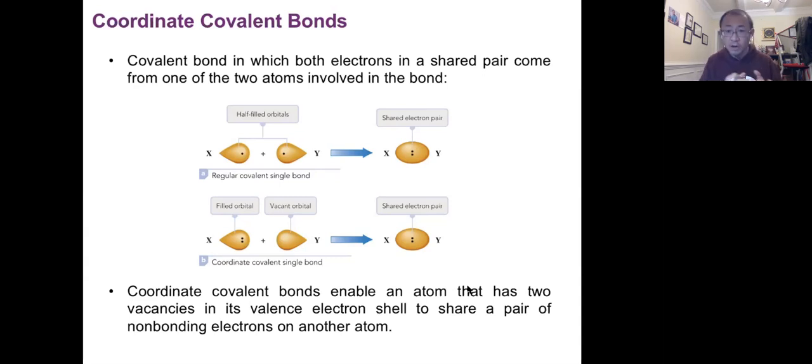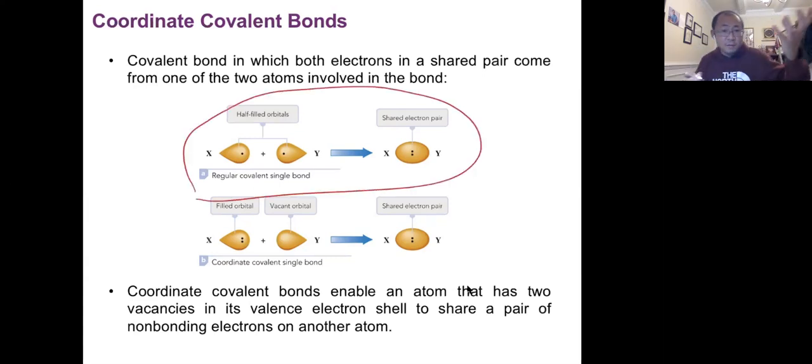Usually, like we studied all these past 25 minutes, a covalent bond is formed between 2 atoms. Each atom donates a single electron to share, like this top case. Atom X donates 1 electron, atom Y donates 1 electron, then they share a pair of electrons. That's what we call a covalent bond.